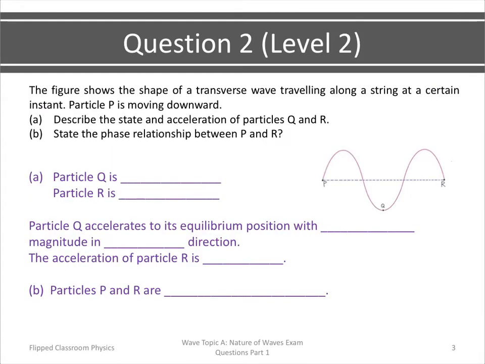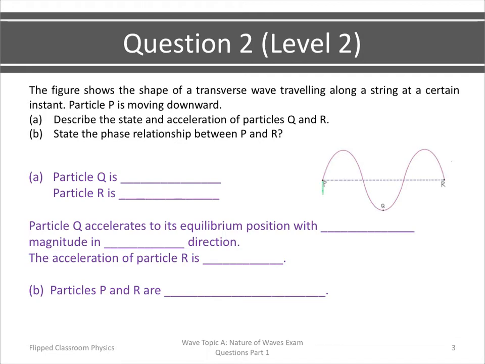Question 2. The figure shows the shape of a transverse wave traveling along a string at a certain instant. Particle P here is moving downward. You're asked to describe the state and acceleration of the particles Q and R, and also state the phase relationship between P and R. Firstly, we have to determine which direction the wave is moving.